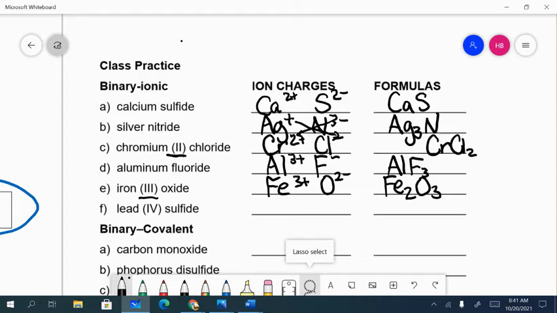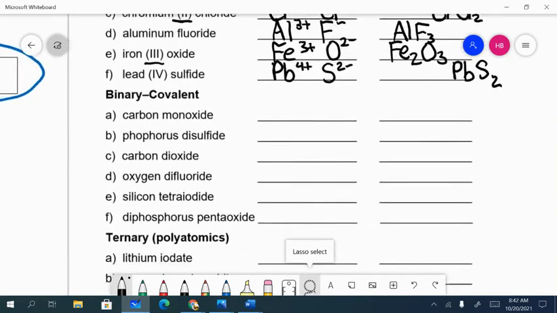So I would need 2 irons to have a +6 and 3 oxygens to have a -6. Lead 4, Pb 4 plus, sulfur's 2 minus. So this is where you got to be careful. If you drop it down, sulfur at 2 and lead at 4 can be reduced down. Or you can recognize that I just need PbS2.